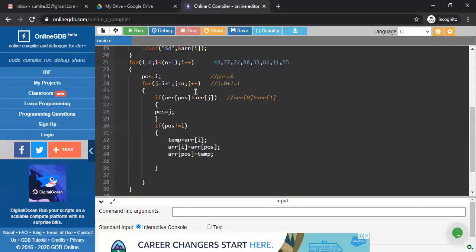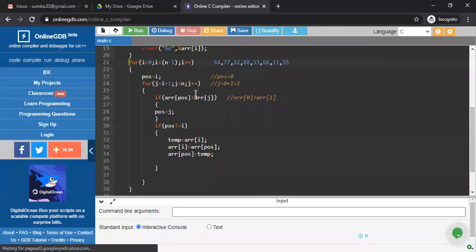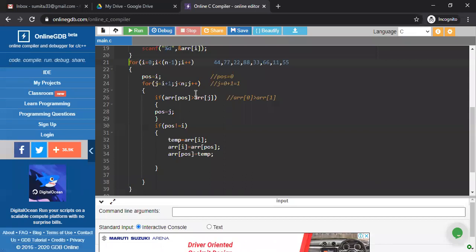So if J value was 1 the first time, now J value is 2. Obviously, J value is 2, because the first time when we start the J loop, it is initialized with I plus 1, which means 0 plus 1. So all this part is executed.